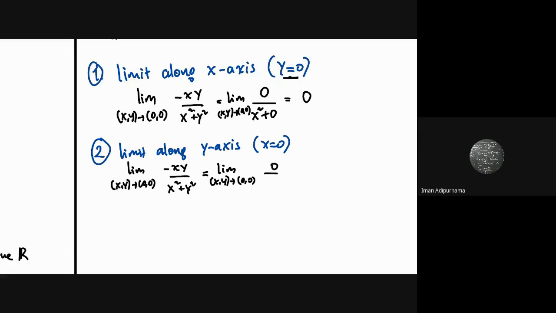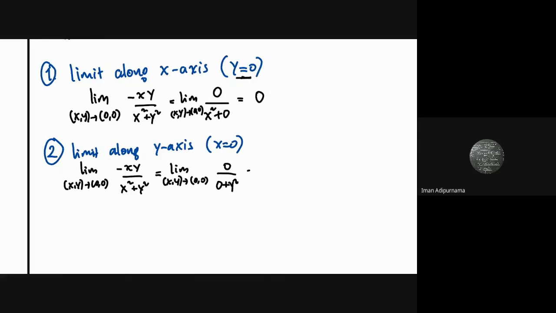So it's 0 over 0 plus y squared. And of course, because now we imagine y is constant, then it will be 0.